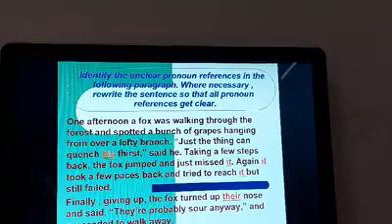Spotted a bunch of grapes hanging from over a lofty branch. And the expression is written in inverted commas. It is enclosed by inverted commas. Just the thing can quench his thirst. Here the word his is very much new, and we are continuing to read.